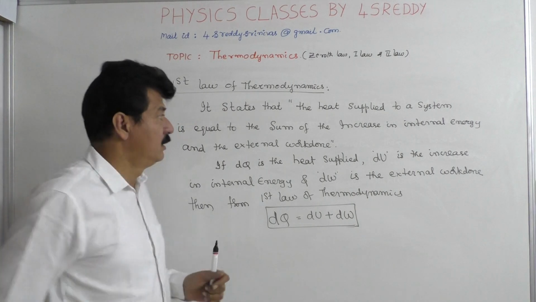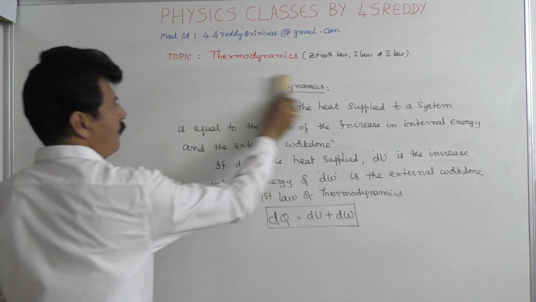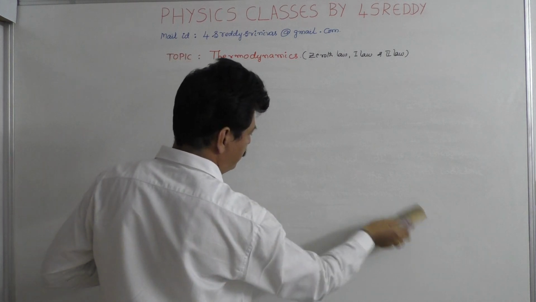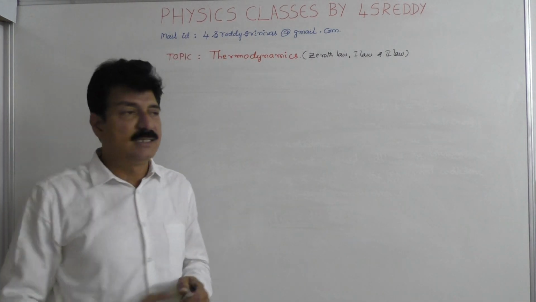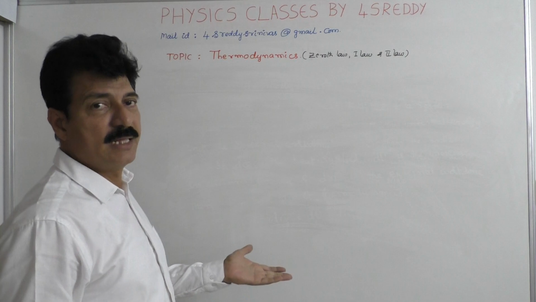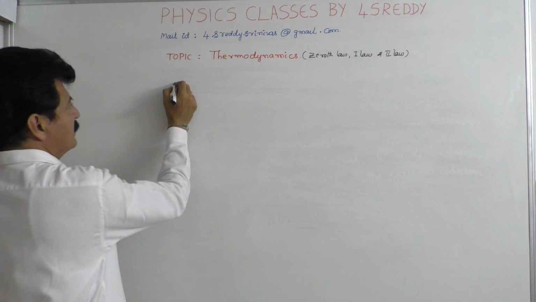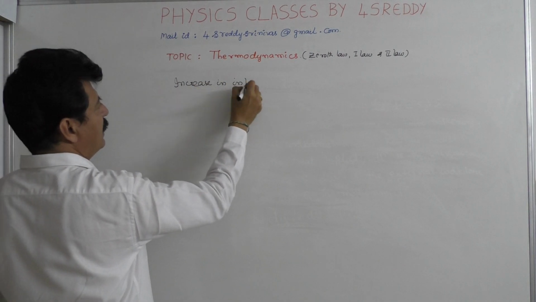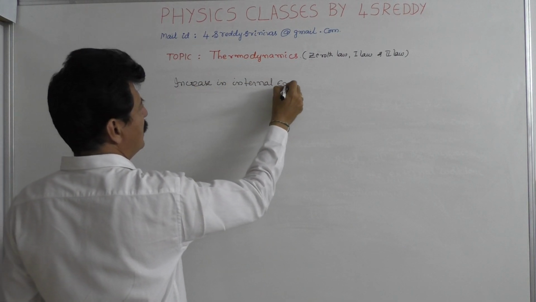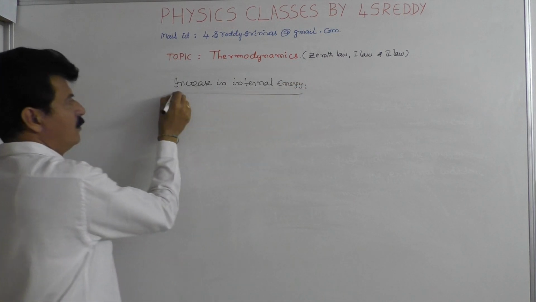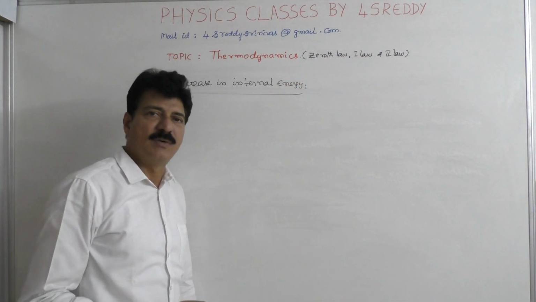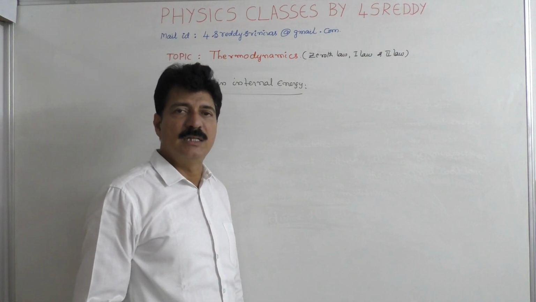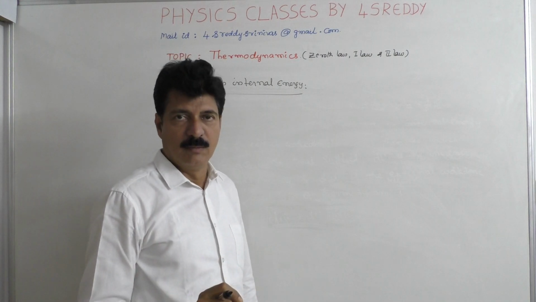Then here, what is the increase in internal energy and what is the external work done? Suppose increase in internal energy. Generally, the internal energy of a system is equal to the sum of the potential energy and the kinetic energy.